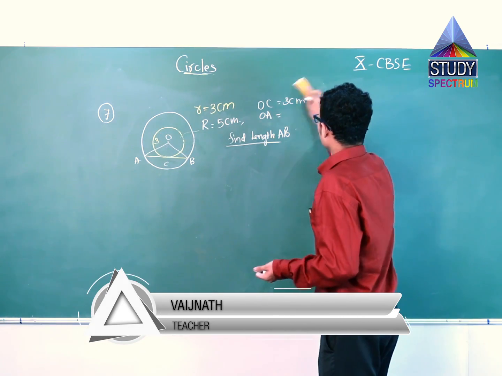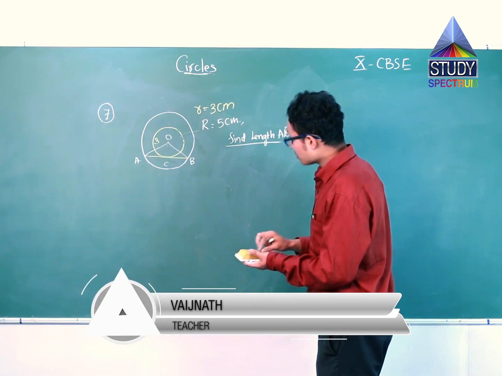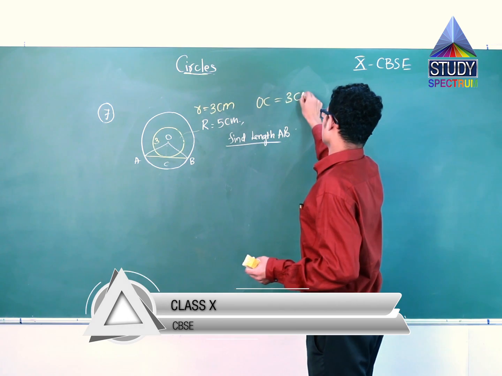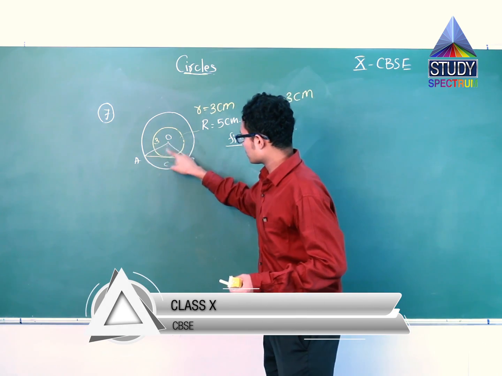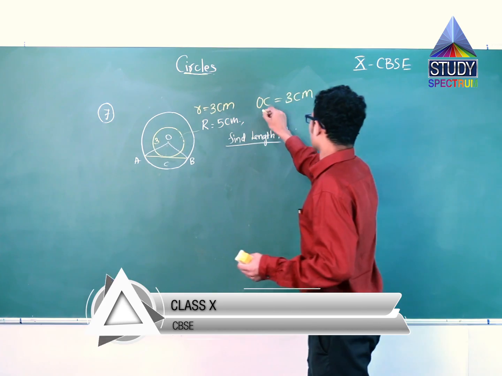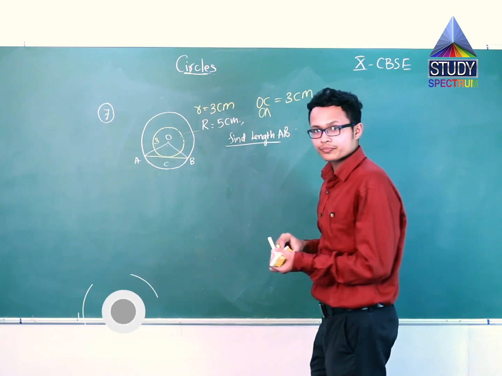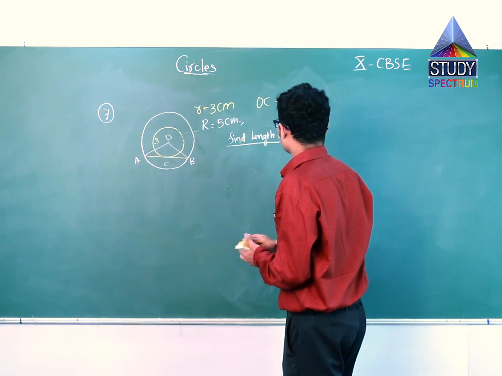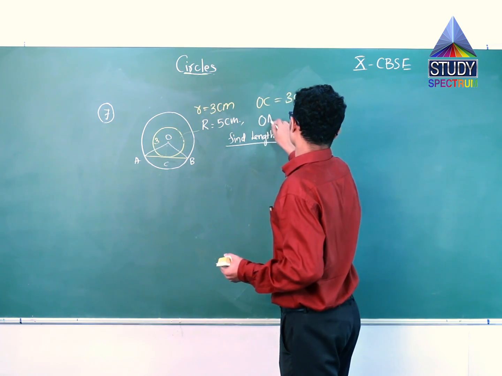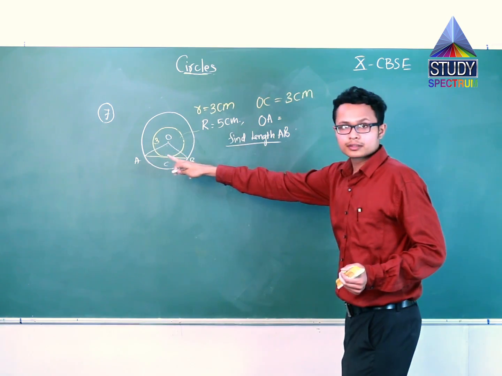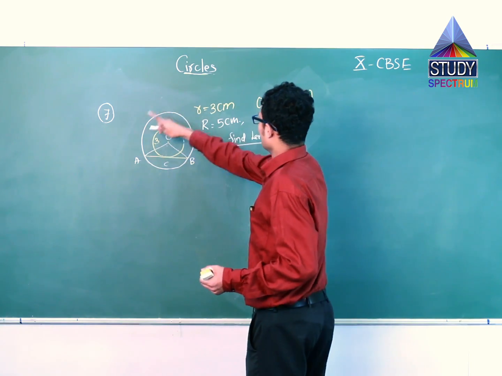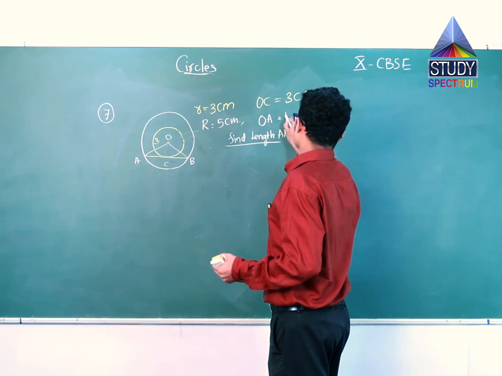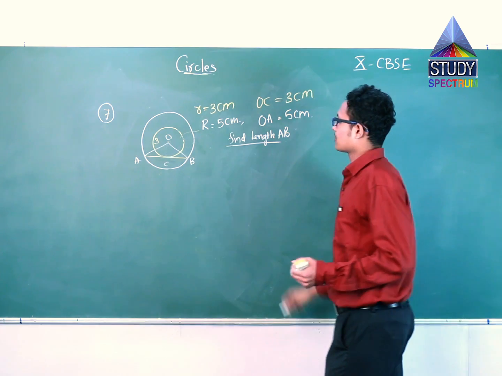Let me write in yellow chalk for the smaller circle. So OC is 3 centimeters, and OA is 5 centimeters. I've written here R for the bigger circle, drawn in white chalk, which is 5 centimeters.